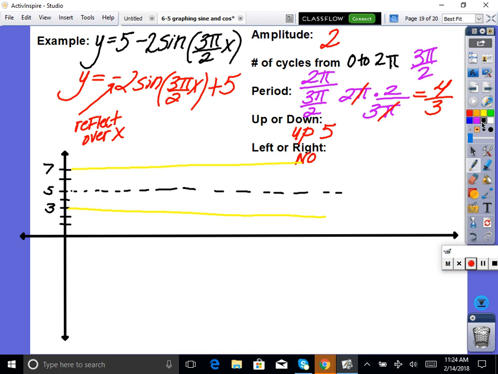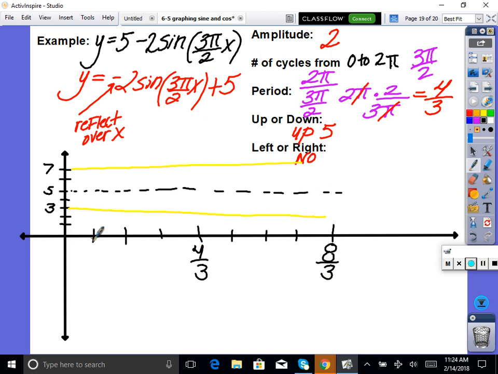And now labeling my x-axis. Because there's not a shift left or right, I can literally go like this. 1, 2, 3, 4 puts me at 4/3. Isn't that the length of the cycle? A period, length of a cycle. So now I could, once again, because I want to do 2 cycles, 1, 2, 3, 4. 4/3 plus 4/3 is 8/3. So then let's find the halfway distance.